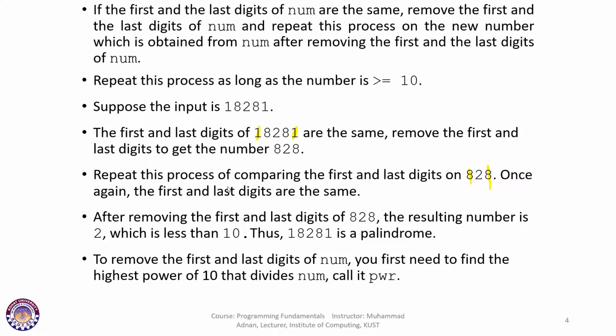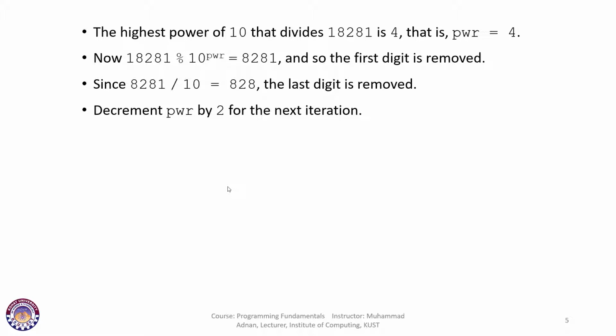First we discussed it informally. We said that the highest power of 10 that divides 18281 is 4. So we have a power variable, and for removing the first digit we use the modulus operator with 10 to the power whatever the number is.